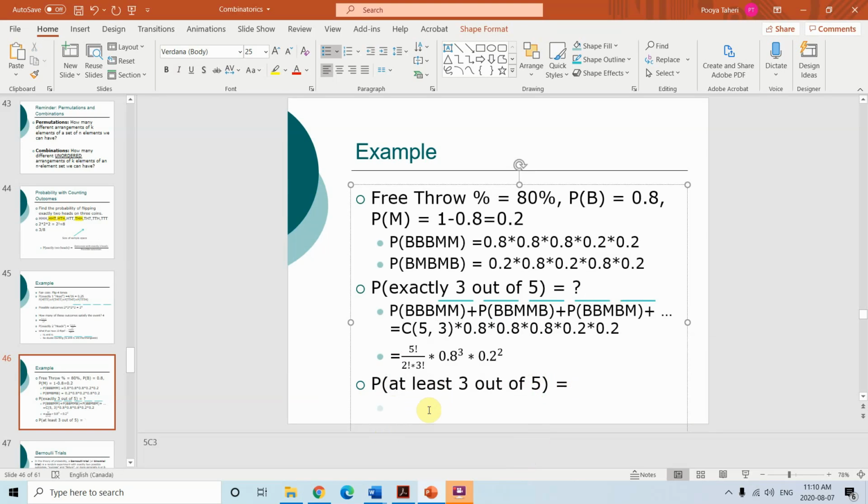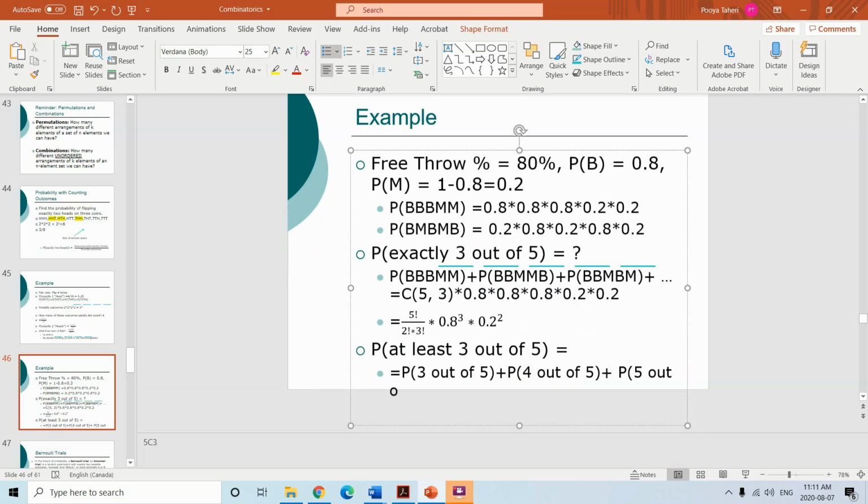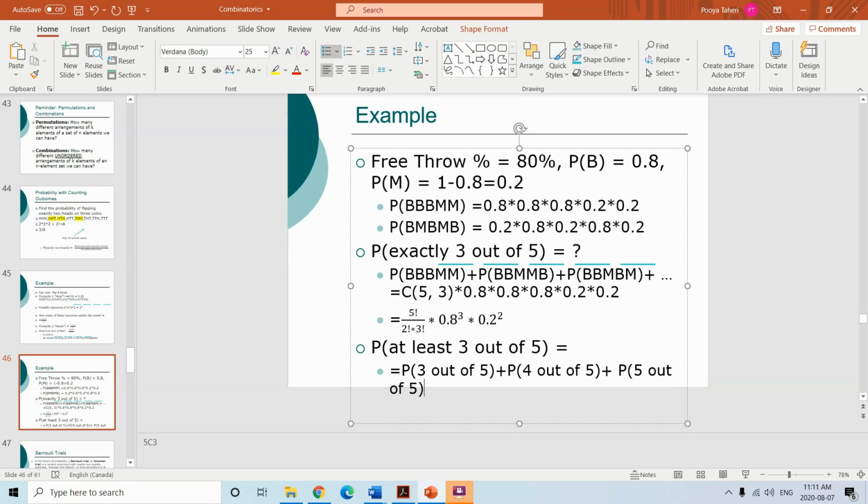So this is going to be equal to the probability of 3 successful out of 5, plus the probability of 4 successful throws out of 5, plus the probability of having 5 out of 5. Okay, let me make this a little bit smaller.